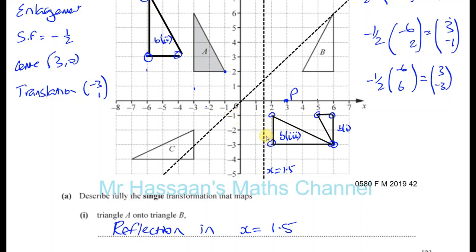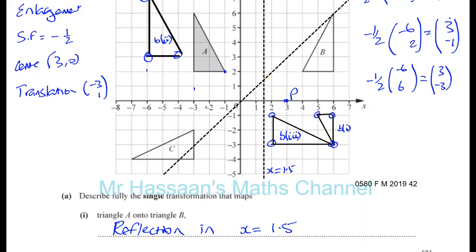This point is 4.5 diagonal squares away, and this is 4.5. So it takes us to the points that we need.